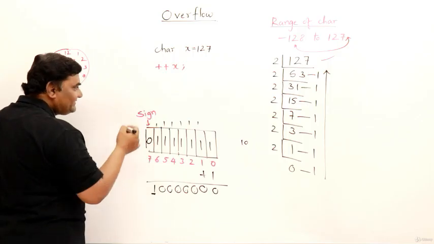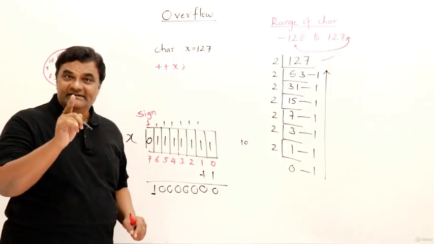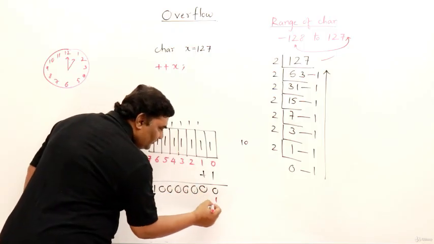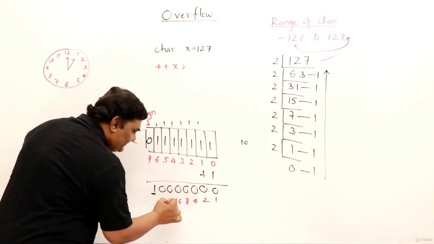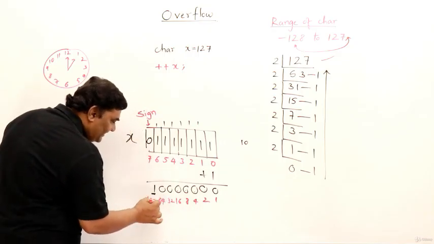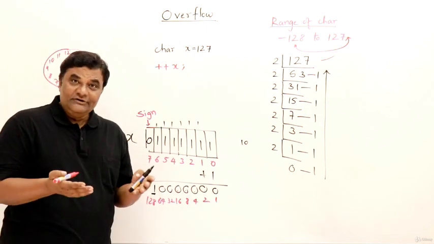So what is this bit? Sign bit. So it has become 1, which means it is negative. Yes, this is a negative number. But what is the value? Let us check the value. This is 2 power 0, 2 power 1, and this is 4, 8, 16, 32, 64, and 128. So yes, this is 128. See, the value is 128.